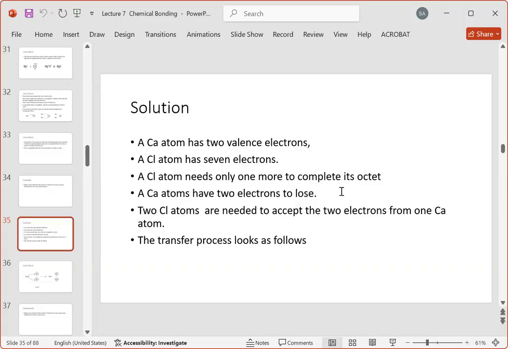In the presence of calcium and chlorine, calcium has two that it wants to give out, but chlorine needs only one. So what do we do? We have to have two chlorine atoms, and those two can receive the electrons being donated by the calcium.